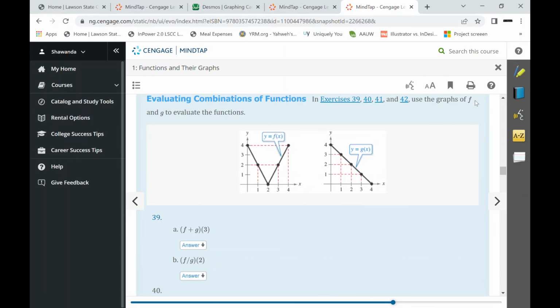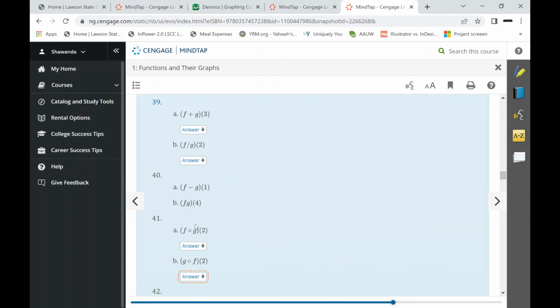This one, use the graphs of f and g to evaluate the functions. We have two graphs here, graph f of x and graph g of x. So let's take a look at number 41, where we have f of g of 2 and g of f of 2.